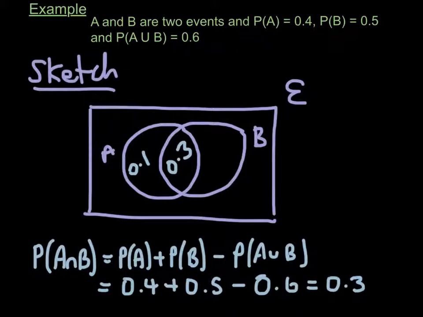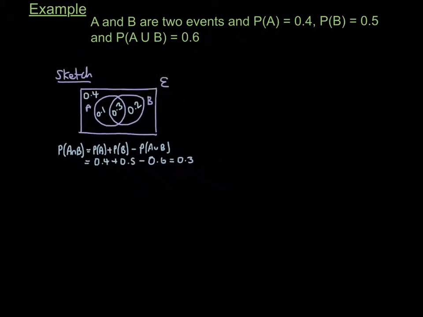So it's going to be 0.2. And don't forget to finish off outside of the circles. So we've got the entire set. Remember, these are probabilities we're dealing with, so they're all going to have to add up to 1. So 0.1 plus 0.3 plus 0.2 is 0.6. So we've got 0.4 on the outside to finish off the Venn diagram.